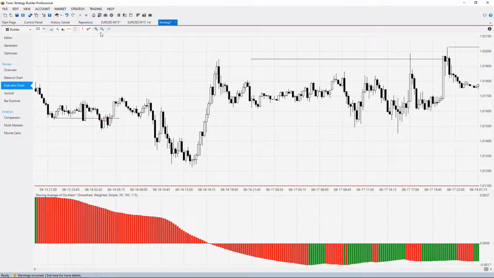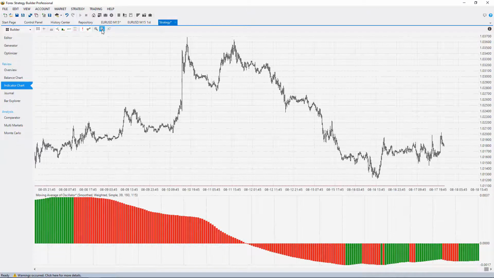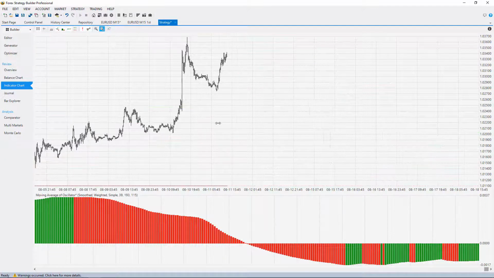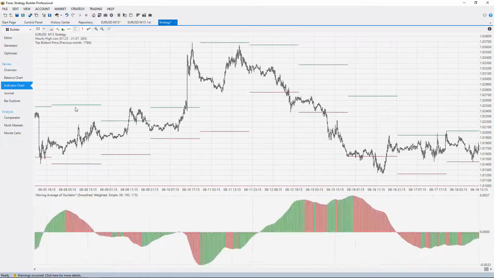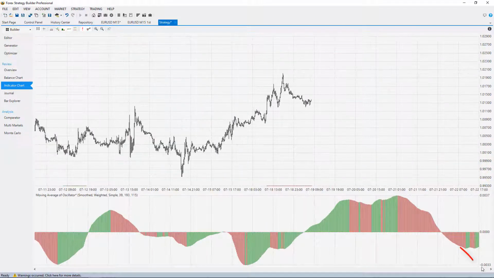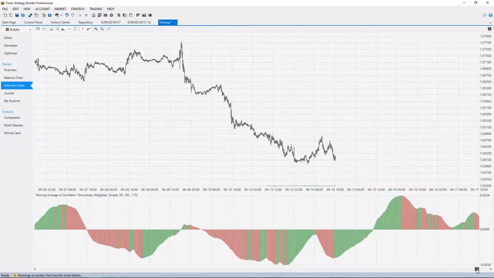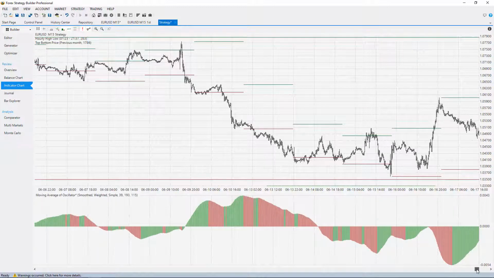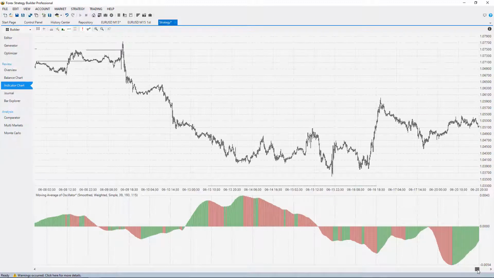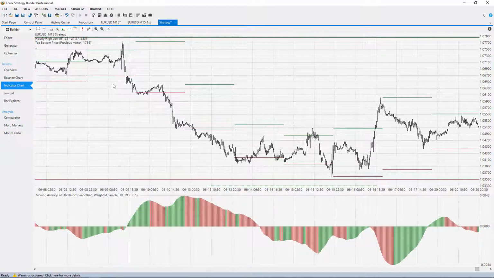Okay, I will just look for some examples. Let me zoom out the chart and see where I can have an example. I will use the scroller at the bottom to see quickly some of the long trades. Okay, here is one. We can see that we have a price going down, and at this point we buy.